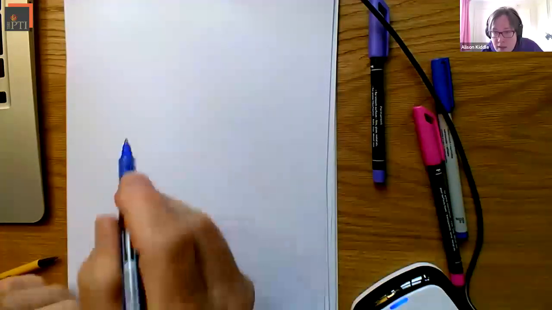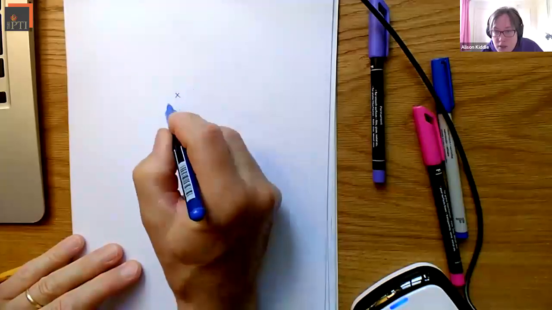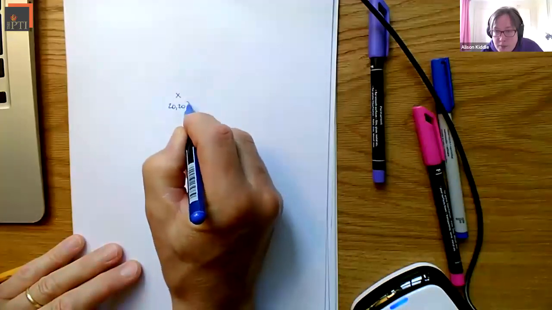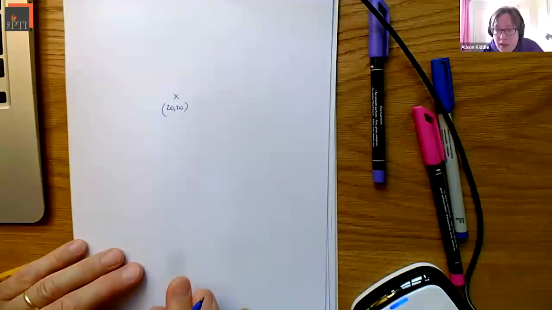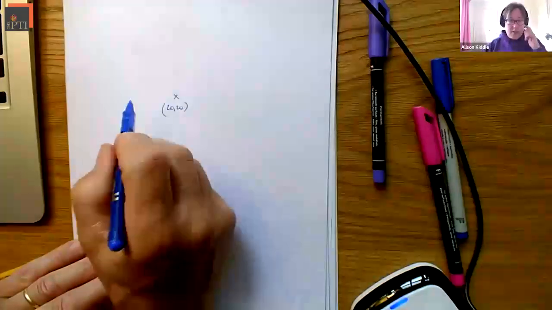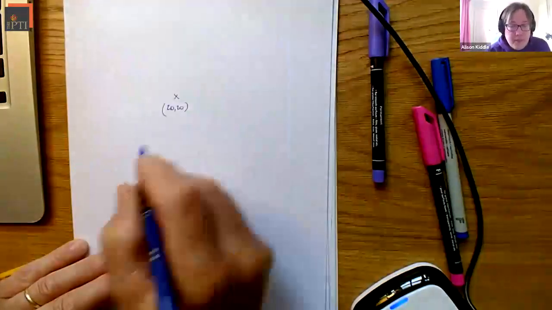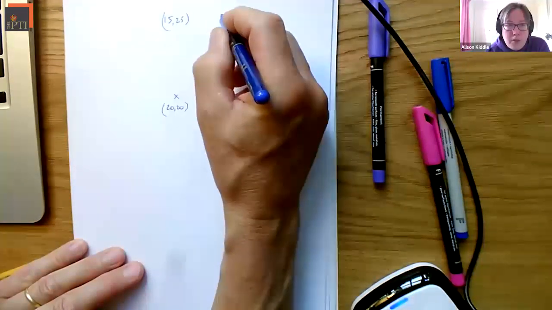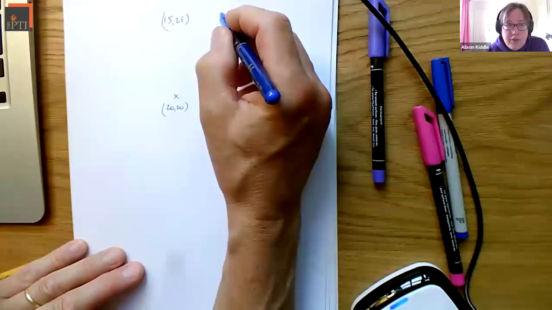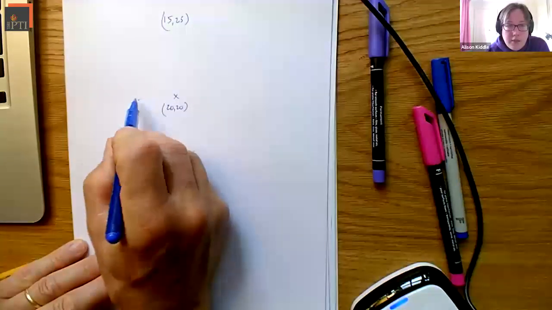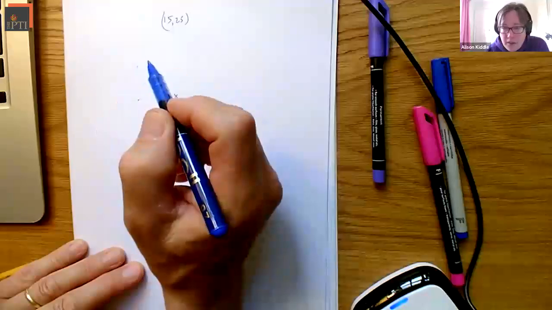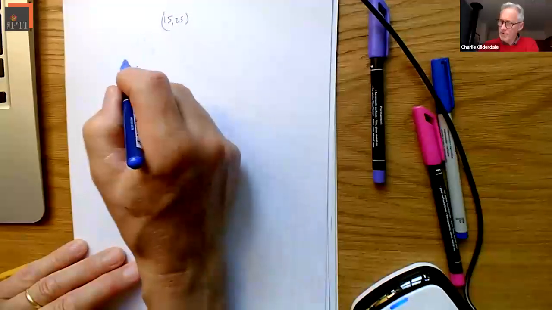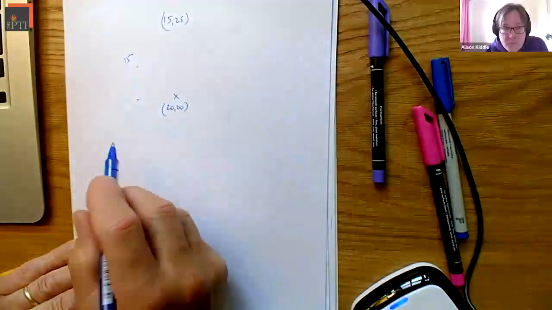Okay, so there's one that Leonie's put in the chat, which is 2020, 1525, and 1823. So 1525, I know that I'm going to have gone back by 5 and up by 5. Let me start again.